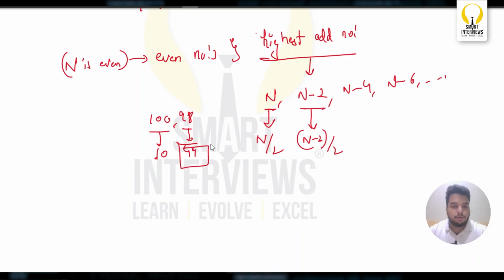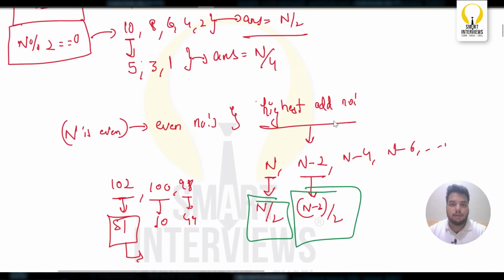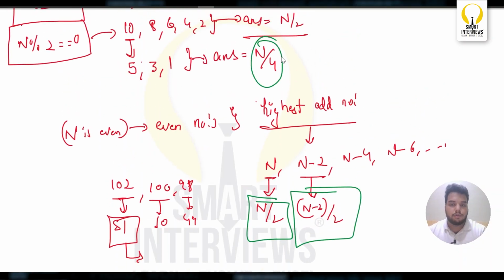This is the maximum possible answer here. If I take another case of 102 and then 100, it is going to be 51, which is the highest odd now. So I'll be counting all the odd numbers from 51. So either this or this is going to be odd. Hence, I am directly going to add n by 4.